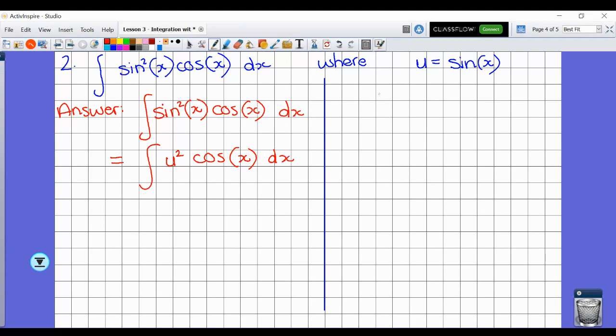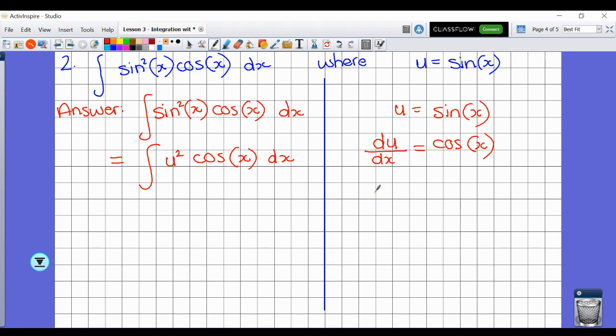We're going to take this and we're going to differentiate it. So same as last time, you're differentiating u, so it's going to be du over dx, because it's with respect to x, so dx is on the bottom. Okay, and the derivative of sine x is just cos x. So I want to get dx by itself so I can substitute it in.